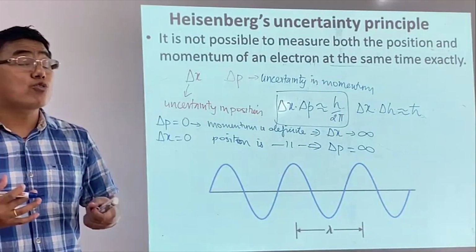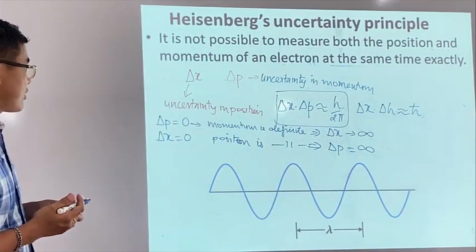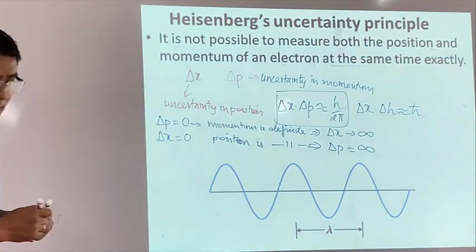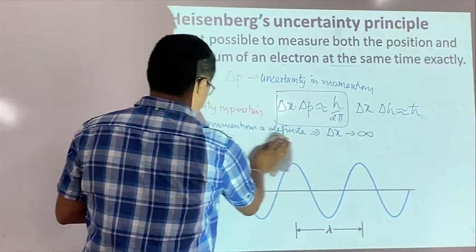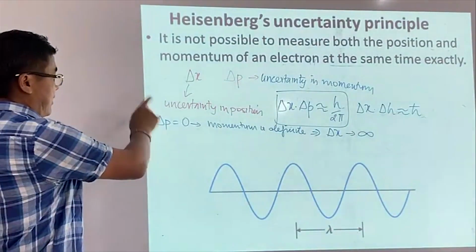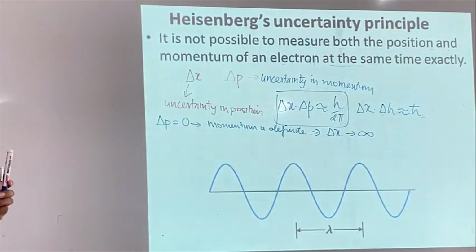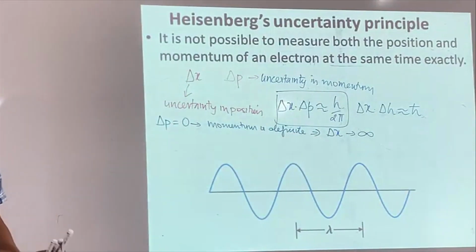Now what we are going to do is figure this out in terms of the de Broglie wave equation. Let's say the momentum is definite, and the uncertainty in position is infinite.